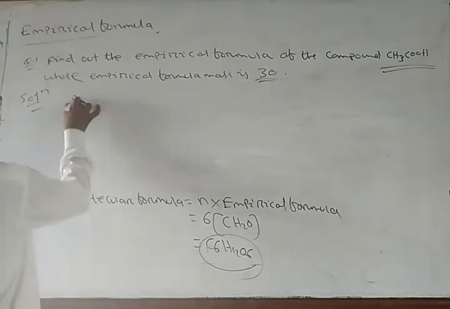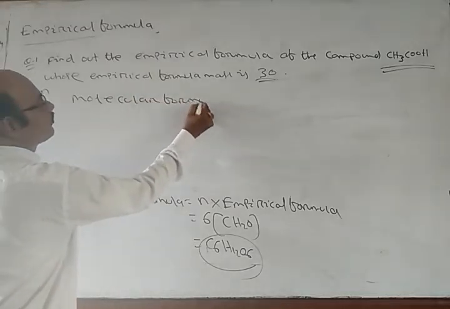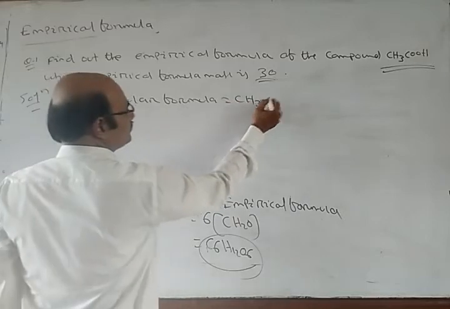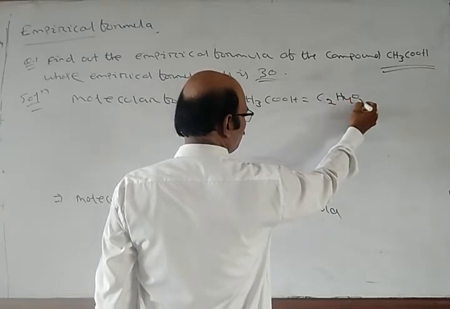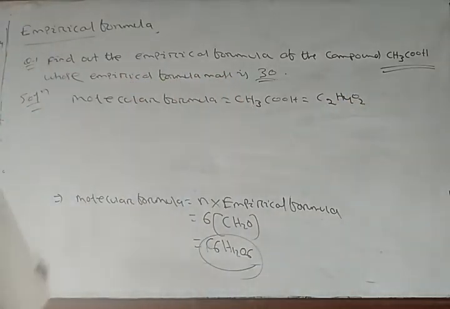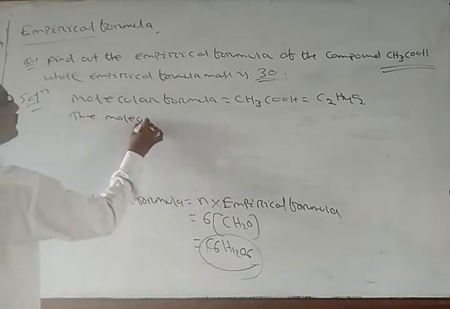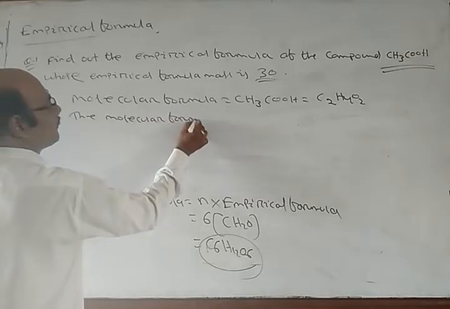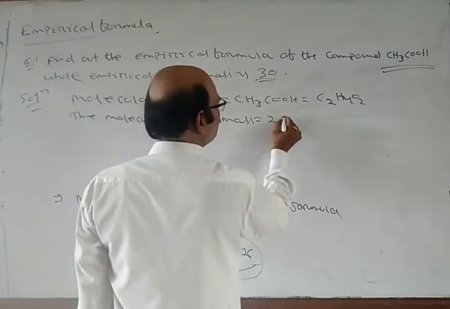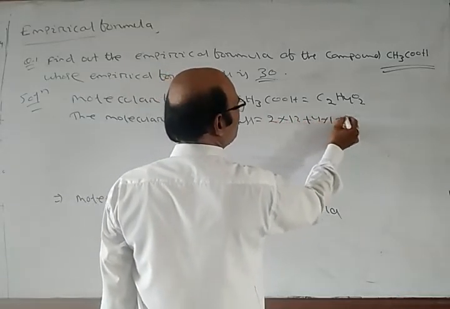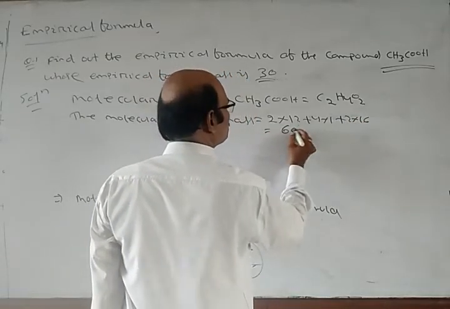Okay, so first of all, molecular formula equal what? CH3COOH equal what? C2H4O2. Right? Now the molecular formula mass equal how much? 2 into 12 plus 4 into 1 plus 2 into 16 equal what? 60.